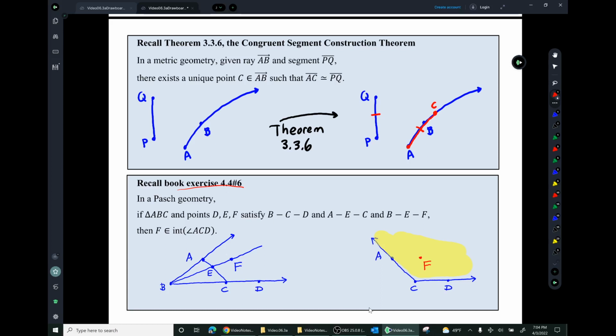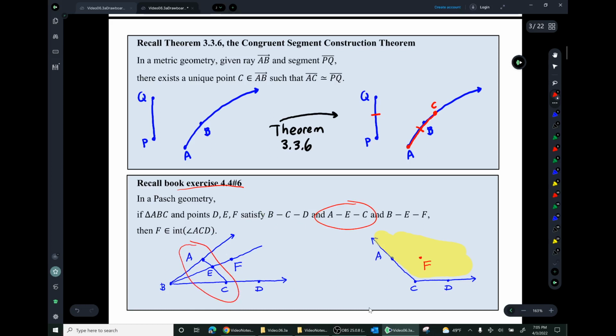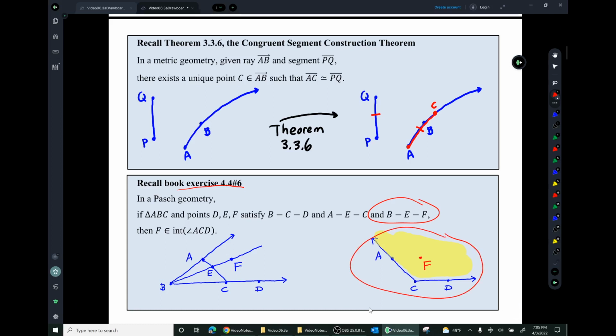The exercise said this: given this configuration of points, triangle ABC, points D, E, and F that satisfy these things, C has to be between B and D, E has to be between A and C, and E has to be between B and F. If those points satisfy all that, then one can say that F is in the interior of that angle ACD.